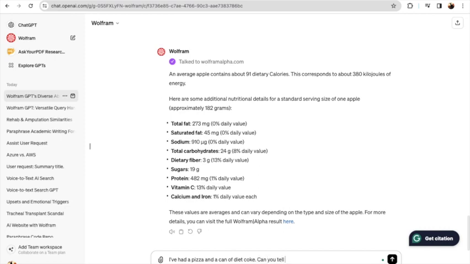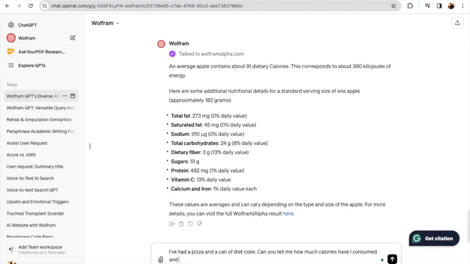Can you tell me how many calories I have consumed, and my body weight is 65 kgs. Is that considered a healthy dinner at 11 p.m., 1 hour before my bed?